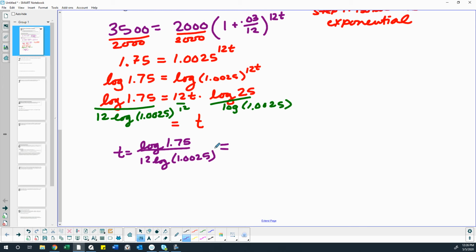So let's go ahead and type this in a calculator. Again, experiment with how to use your calculator correctly so that you can get the correct answer. Don't just trust me and think that your answer is correct. Actually type it in and try it and make sure that you know how to do this.